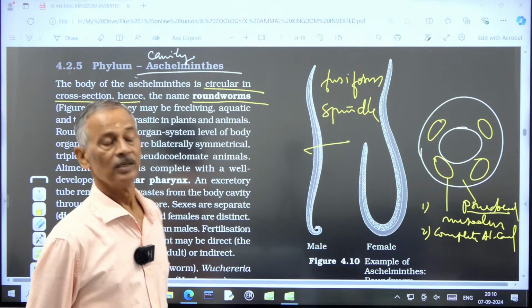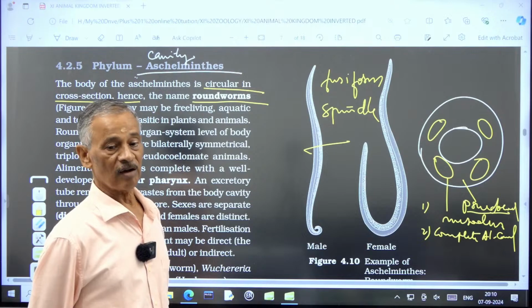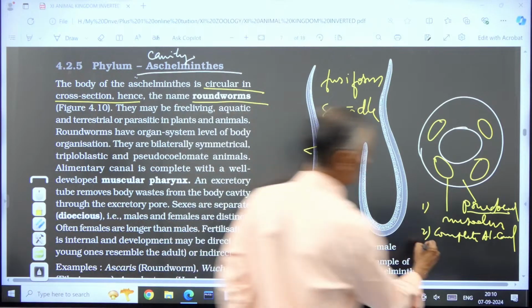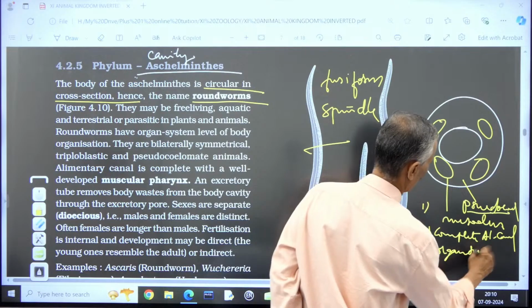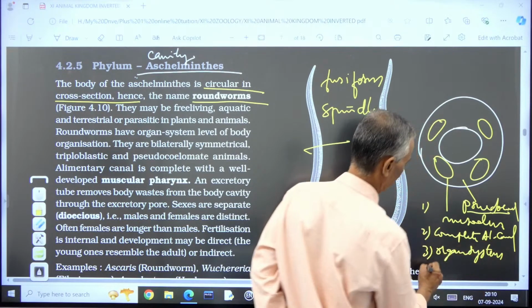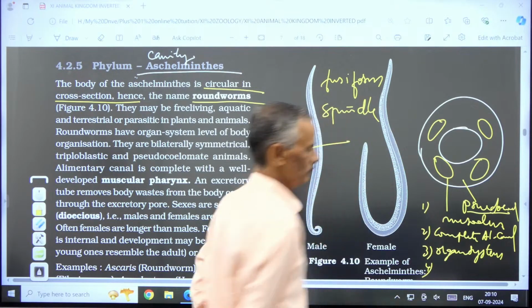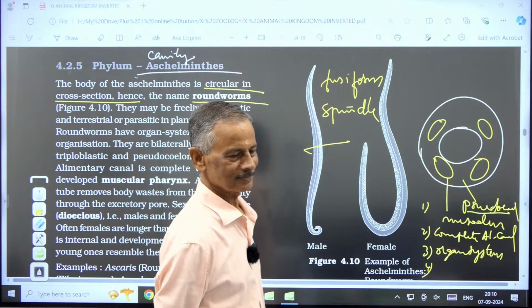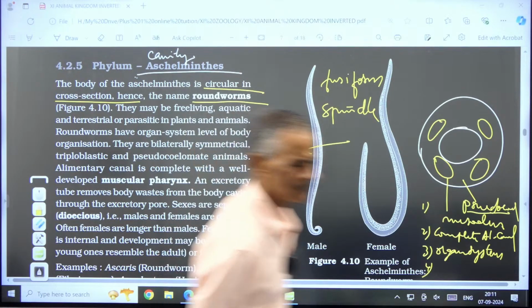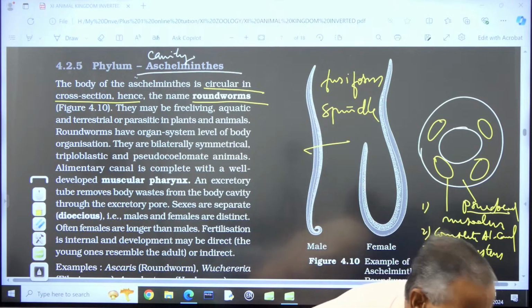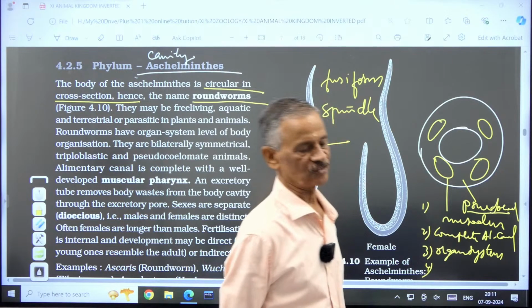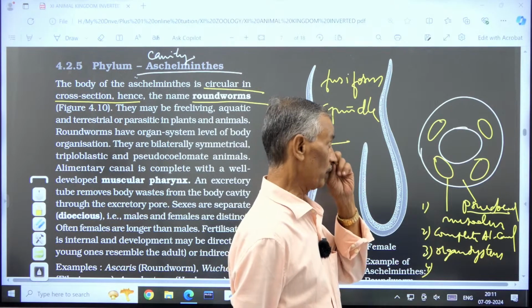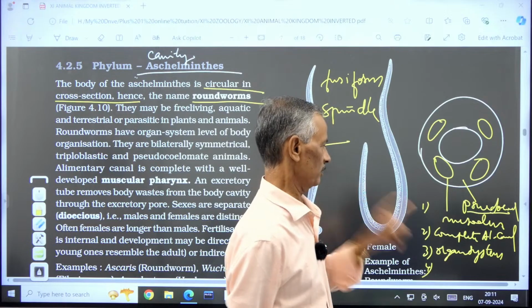Clear? 3. These are all animals with organ system grade. Yes, 2 openings, Abhinav, it is mouth and anus. So we call it as complete alimentary canal.